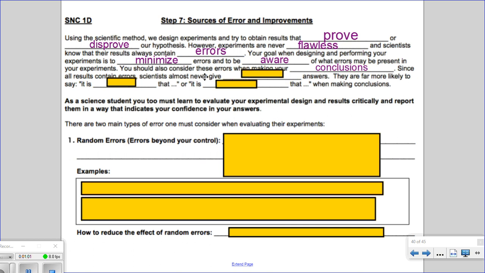Since all results contain errors, scientists almost never give definite answers. They are more likely to say it is likely or it is probable when making conclusions.